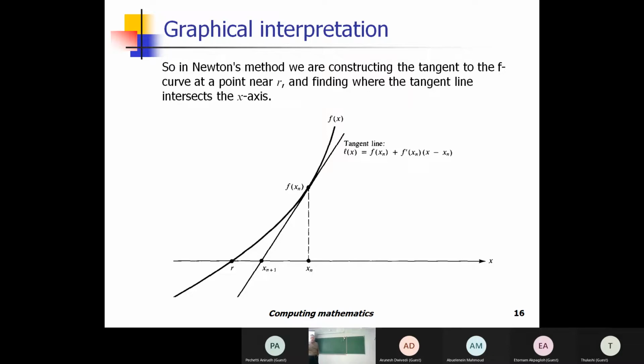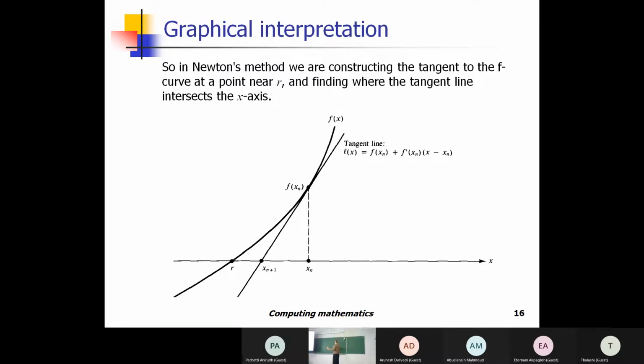And the point of intersection of the tangent line and the x axis can be considered as a more correct approximation of the unknown root.